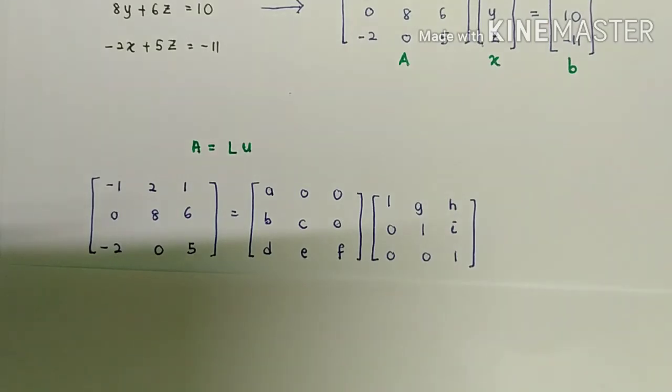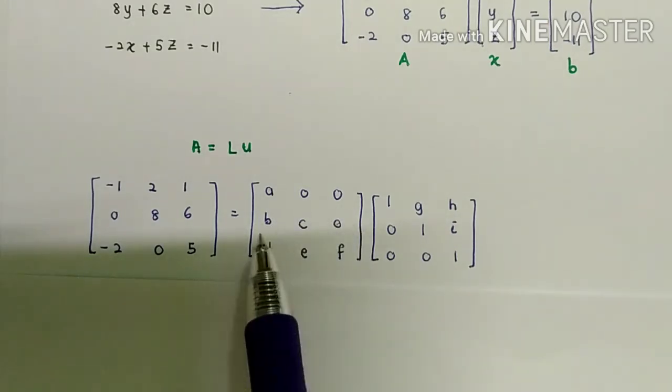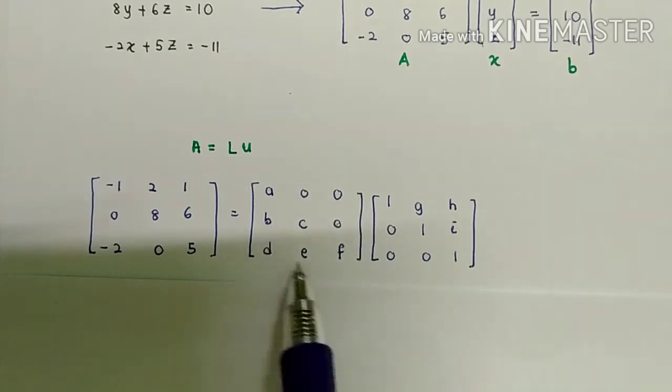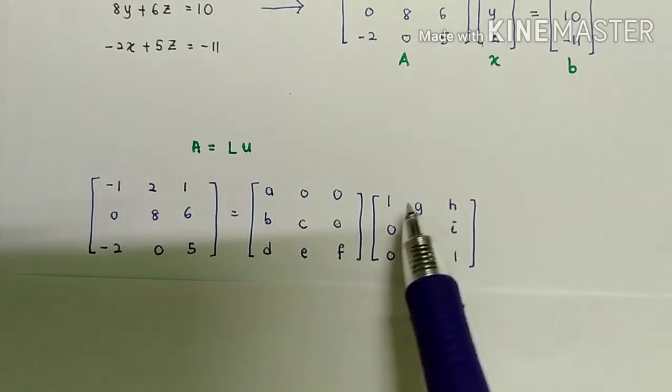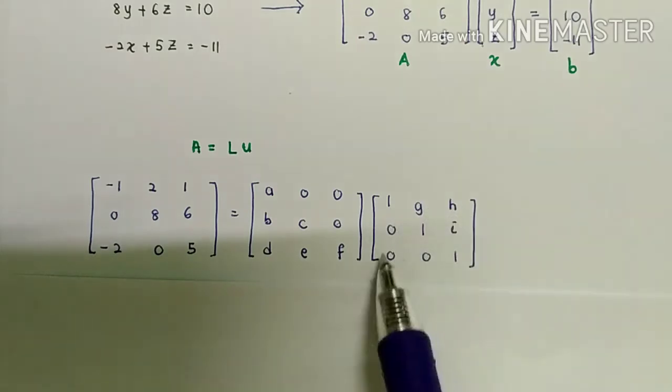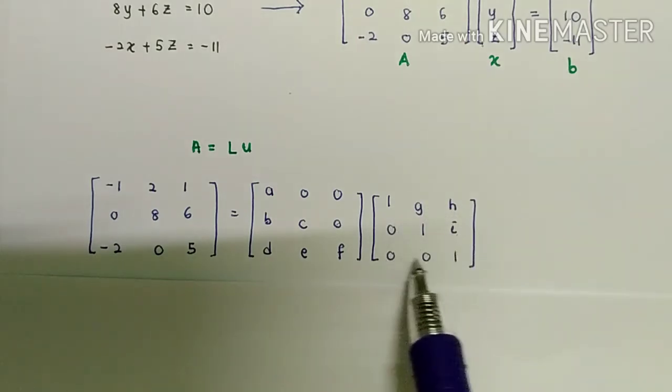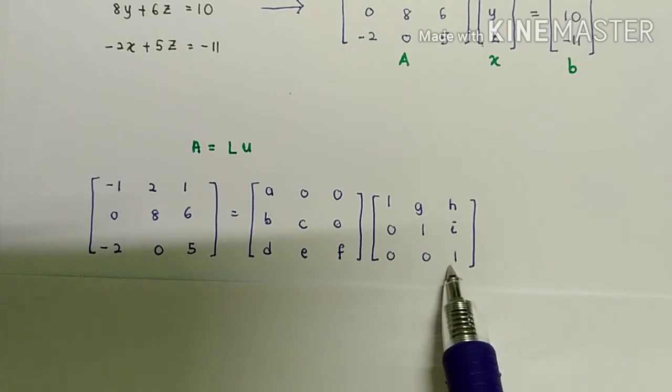So we have A, 0, 0, B, C, 0, D, E, F. This is for matrix L, and matrix U is 1, G, H, 0, 1, I, and 0, 0, 1.